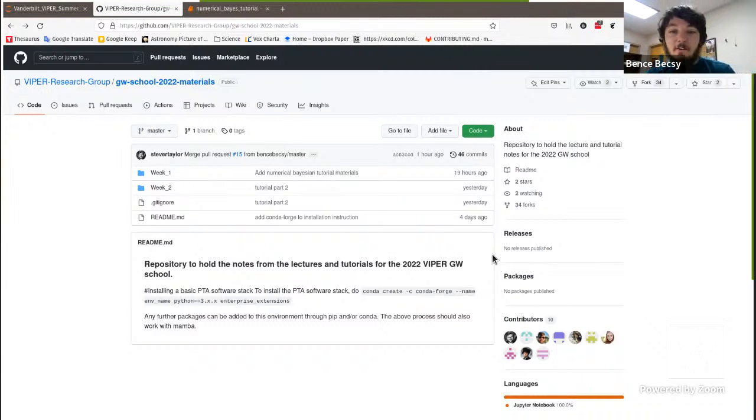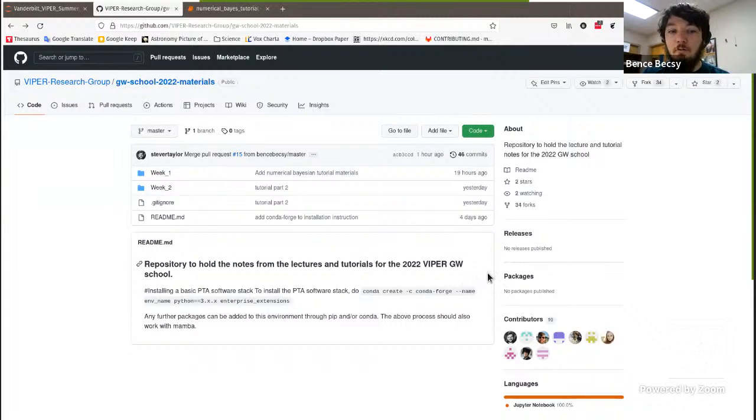Okay. Cool. Yeah, so in this little tutorial, we'll further zoom in and we'll just focus on one part of what Tyson was talking about. We'll focus on parameter estimation with an MCMC. So I have a little notebook up in this GitHub repo.